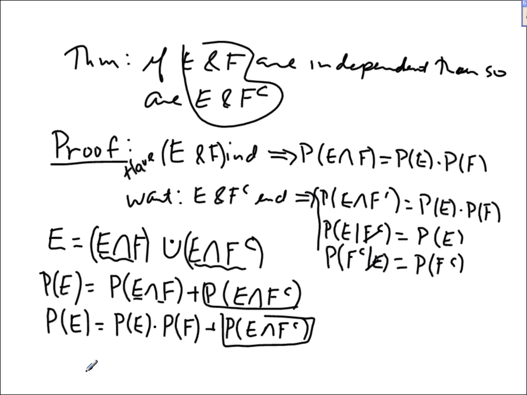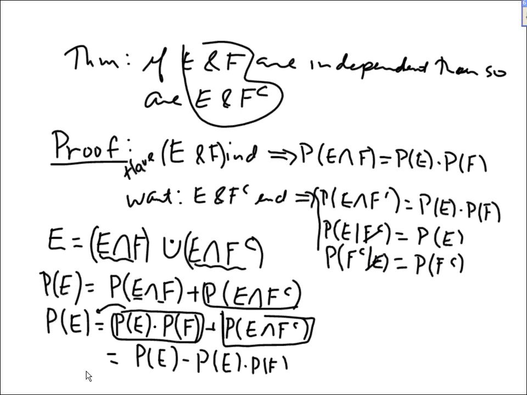That is, I'm just going to bring this piece to the other side. It's going to become P of E minus P of E times P of F, and it's going to equal P of E and F complement.